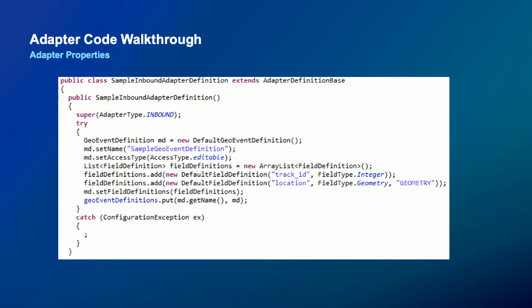Because the adapter has the knowledge of what the data looks like, it is naturally the component that creates the GeoEvent definition. But we don't always have to create a new GeoEvent definition when we create a new adapter definition. You can use an existing GeoEvent definition or have the user pick a GeoEvent definition through the property configuration.